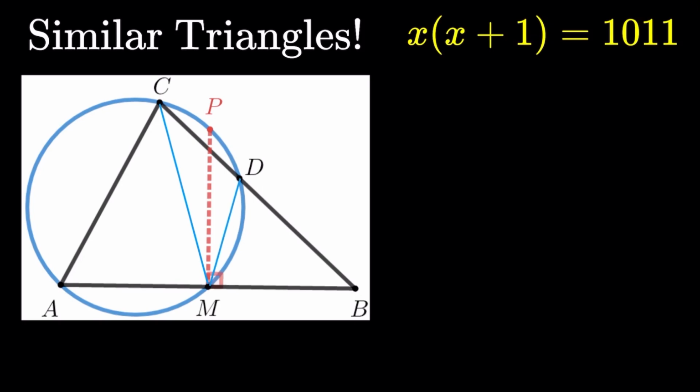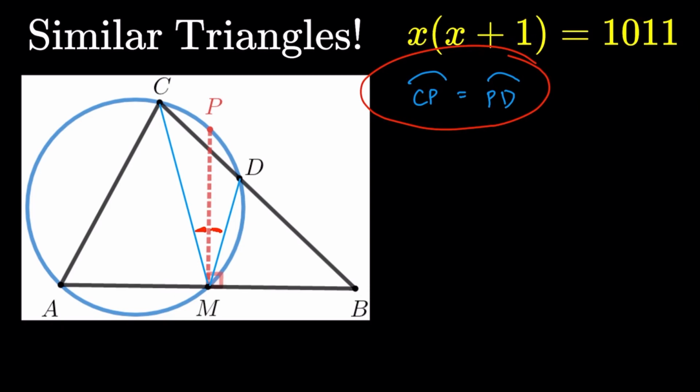Let's make use of the fact that P is the midpoint of minor arc CD. In effect, I should have arc CP equal to arc PD, right? Now, angle CMP would have to be equal to angle PMD, because they intercept two arcs with the same measure.